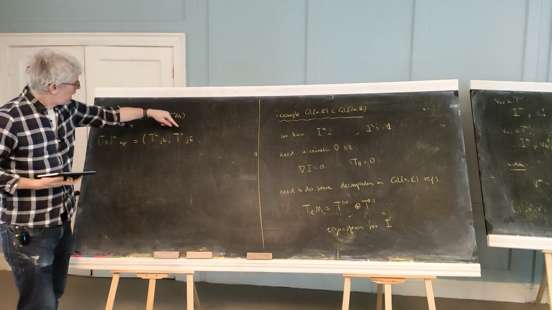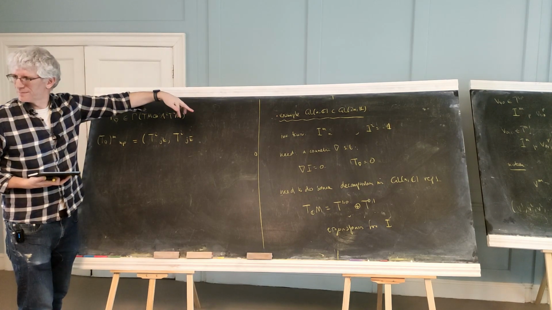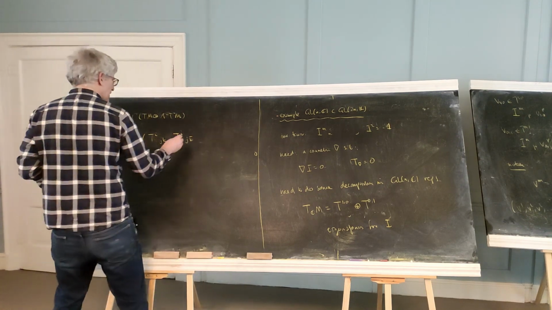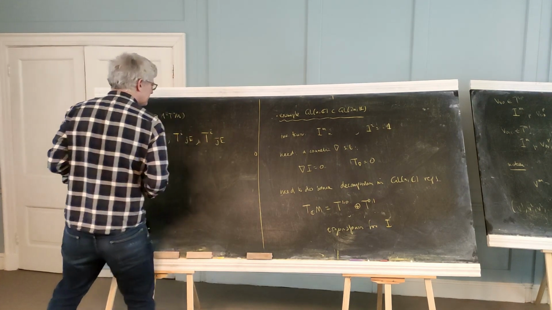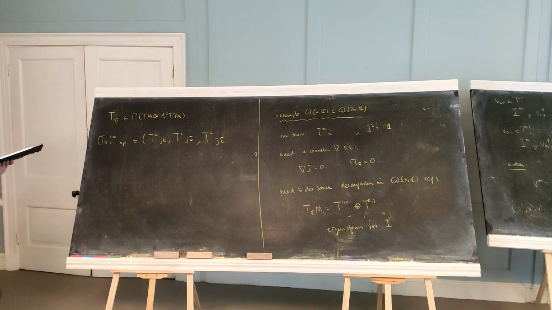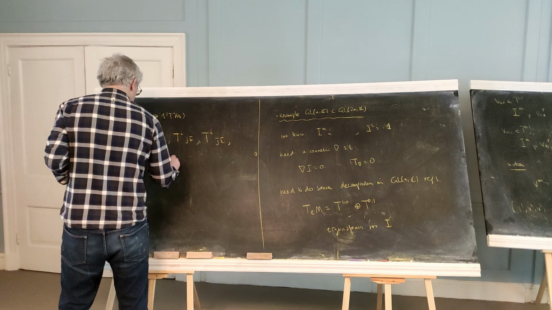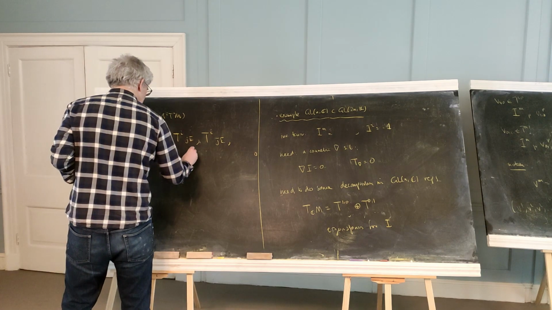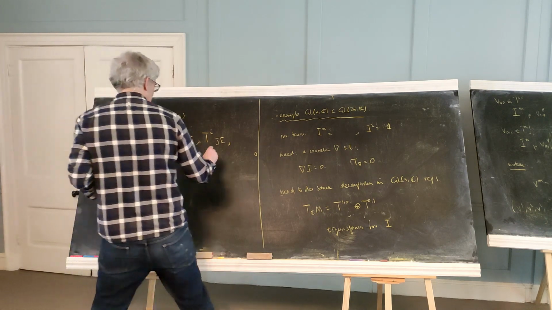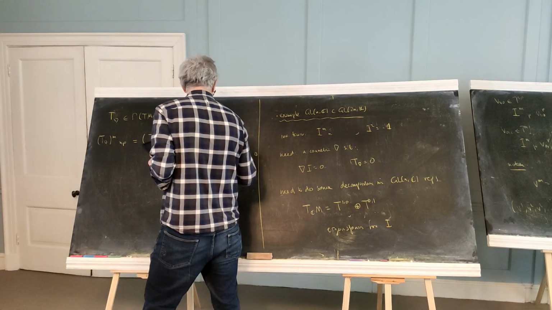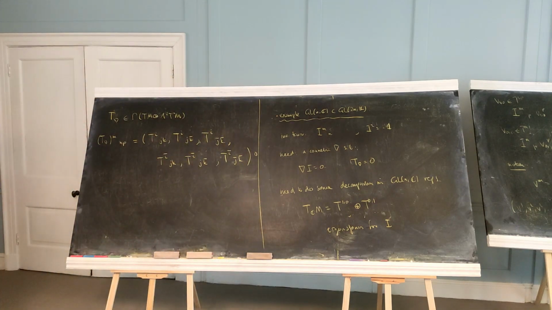I could have T, I, J bar, K, but it's anti-symmetric on those two, so that's not going to give me anything new. I could have T, I, J bar, K bar. And then I could have T, I bar, J, K, T, I bar, J, K bar, and T, I bar, J bar, K bar. So I get 6 things.